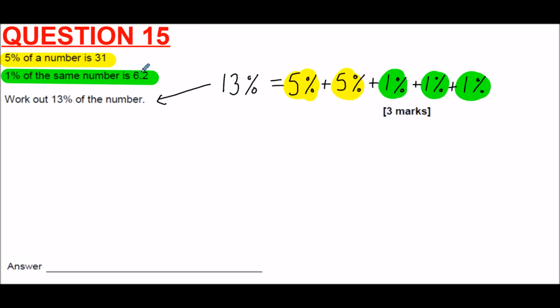And so for this one, we can just treat it as an addition, if you'd like. So 5% is 31. So 2 lots of 31. 1% of the same number is 6.2. Now, this is a decimal number. 31 is the same as 31.0.